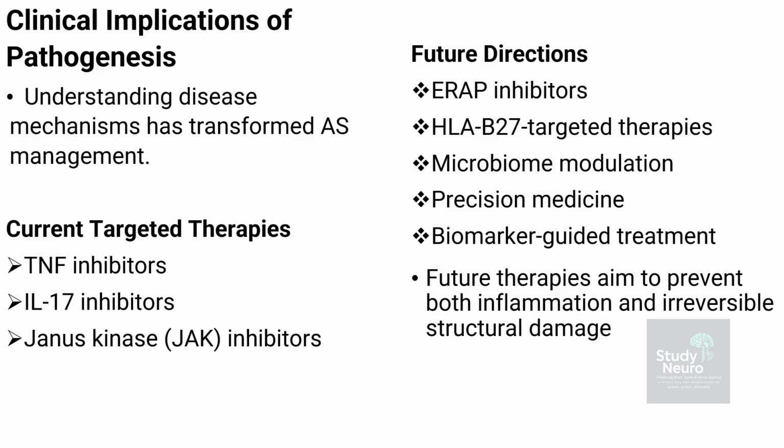Research is now moving beyond inflammation alone, with new approaches that target endoplasmic reticulum aminopeptidases, human leukocyte antigen B27, and the gut microbiome, while biomarker-guided treatment and precision medicine aim to match therapy to each patient, reduce disease activity, and prevent irreversible structural damage before it becomes established. This remains an important goal.